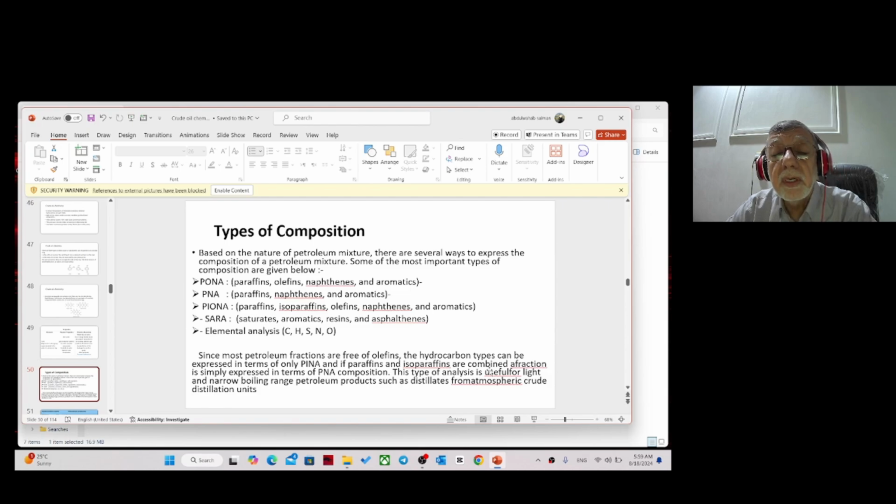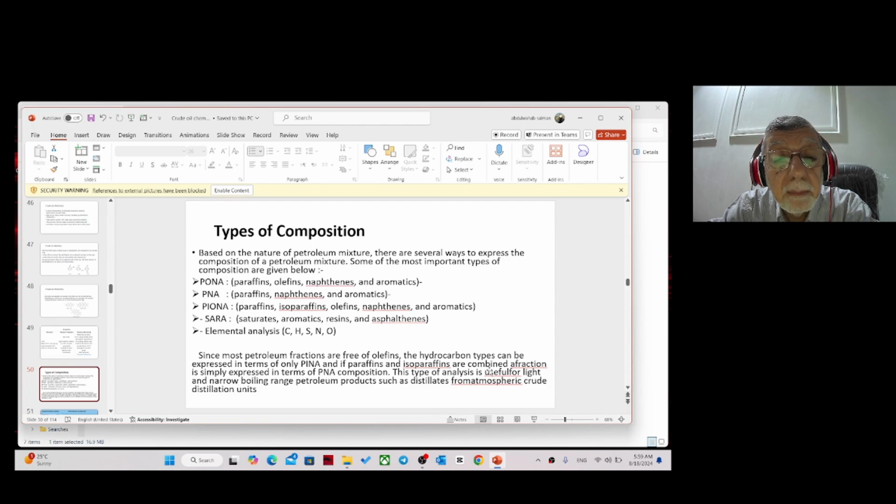Types of composition of crude oil. Now we have finished all the groups of crude oil, meaning paraffin, naphthalene, olefin, and aromatic. Now the composition of crude oil is like this: PONA. PONA means paraffin, olefin, naphthene, and aromatic.